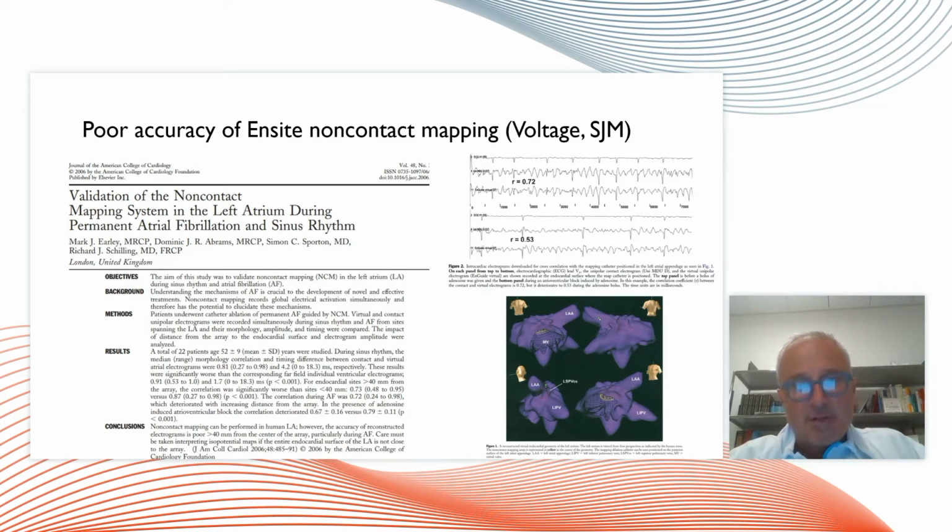Now let's go to the non-contact mapping system, the N-side balloon. That was working with voltage signals and contact anatomy. As you can see on the lower right, the atrium looks quite terrible. It's difficult to see what is what in this atrium. And the correlation to the contact signals was not good.